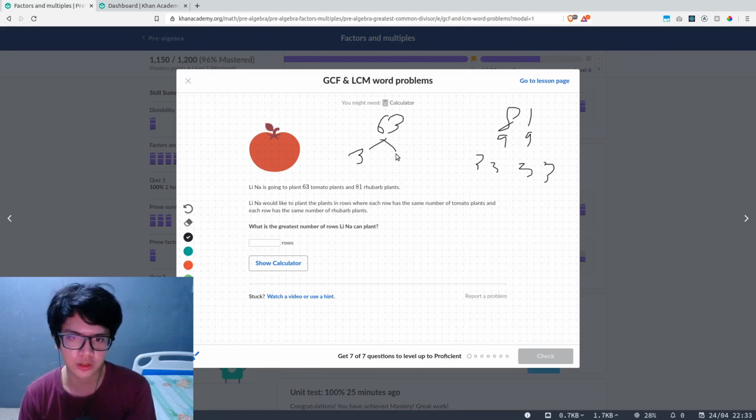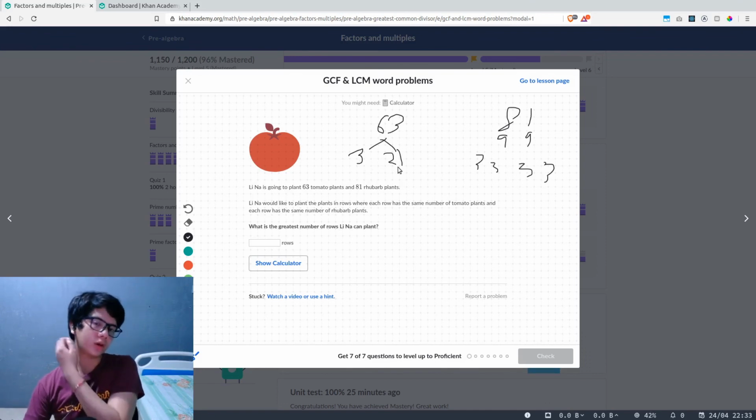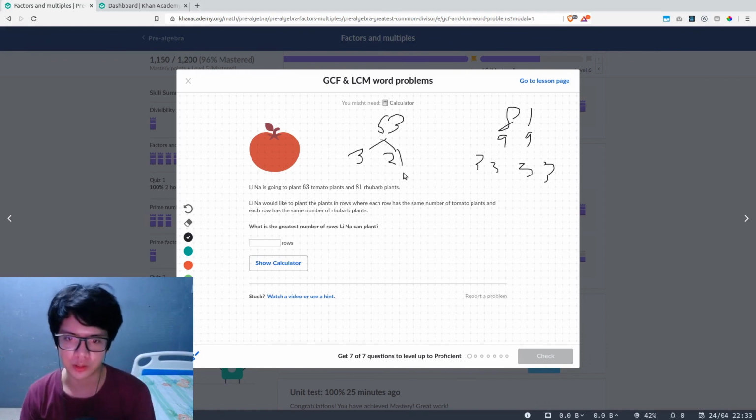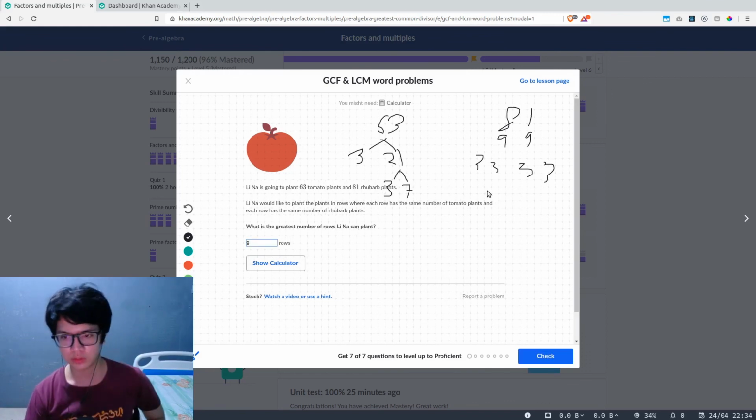How many trees is this? 21. Okay, so 21 is actually already a prime. No, it's not. It's actually 3 times 7. Okay, cool. It's prime. We have 9 rows. I'm gonna kill myself. Is incorrect.